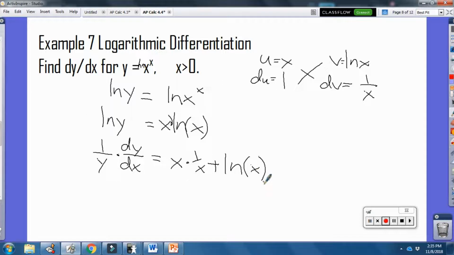So x times 1 over x is going to simplify to 1. 1 plus natural log of x. And that is 1 over y times dy dx on this side. I want to find what the derivative with respect to y is, so I'm solving for dy dx. I'm trying to isolate dy dx right now, so I'll just multiply both sides by y.